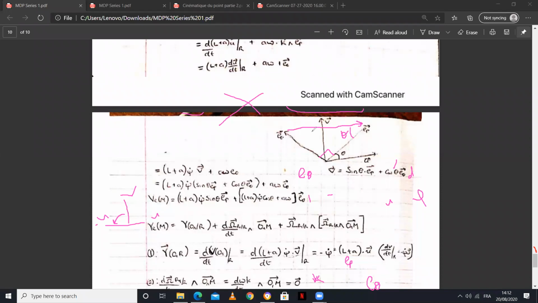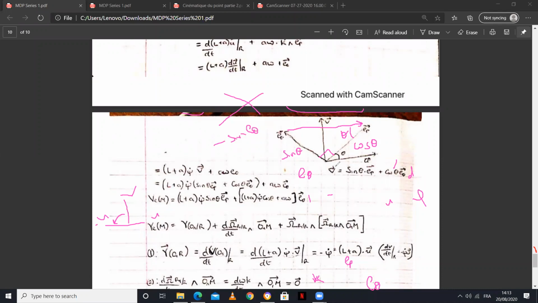Then the opposite side is going to be sine, and the adjacent side is going to be cos. Now I'm getting from the tail of U to the head. Instead of going directly, I'll go like that and then like that. But notice I'm not going in the direction of E theta, I'm going in the opposite direction, so this is going to be minus sine theta E theta.